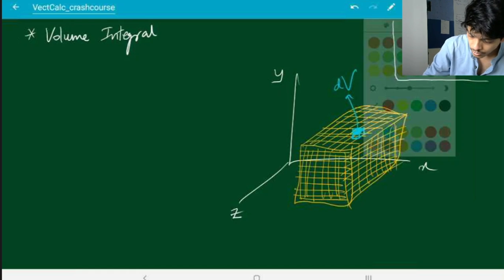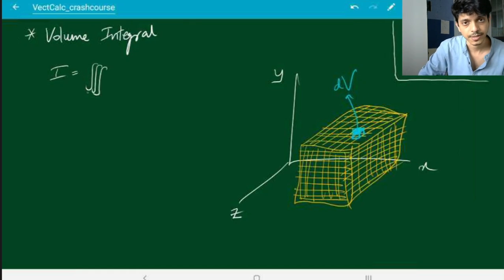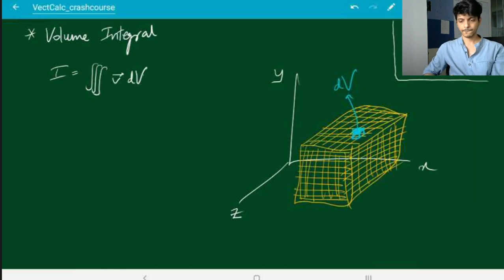So then the volume integral is defined as a triple integral because there is x, y, z to integrate over. V dV. Sometimes you can put a V underneath over here to indicate that it's a volume integral. But the moment you have three integration signs, it's kind of obvious that it's a triple integral over a volume. So here's how you would integrate a vector field over a volume.